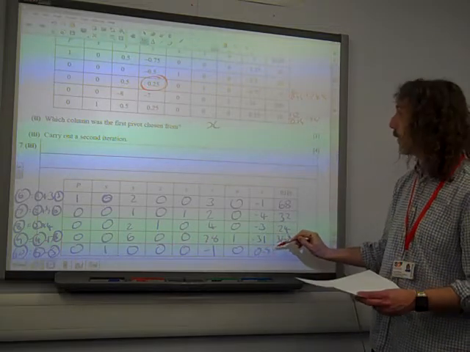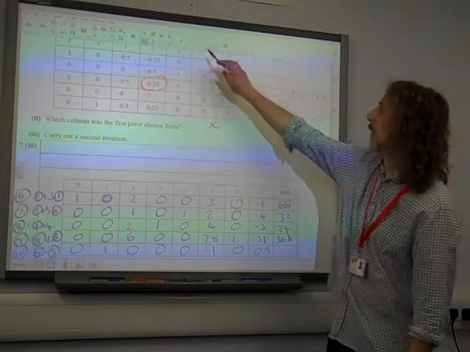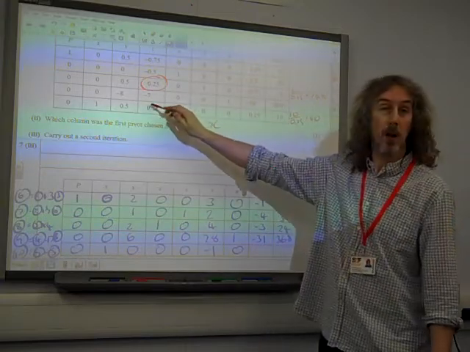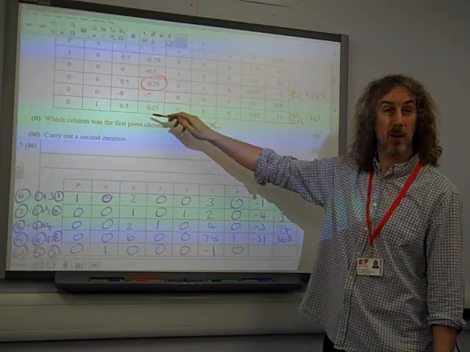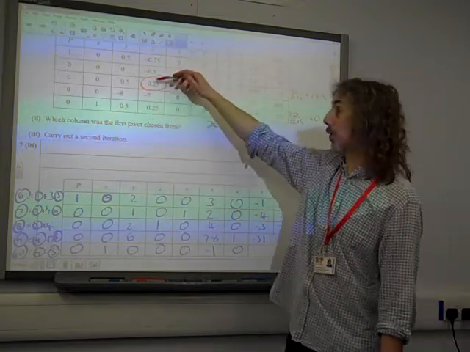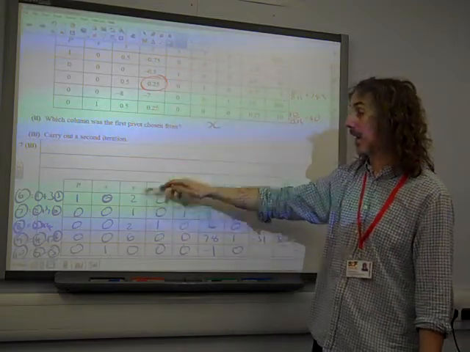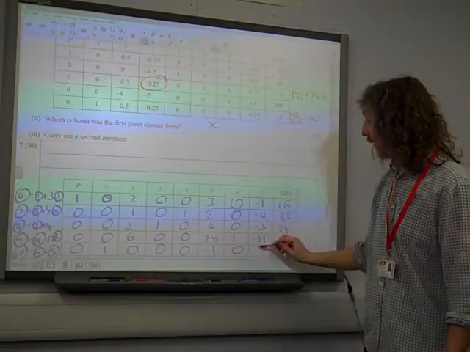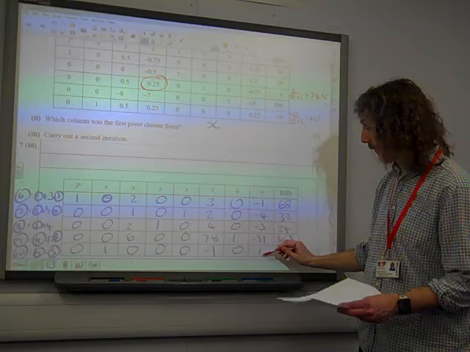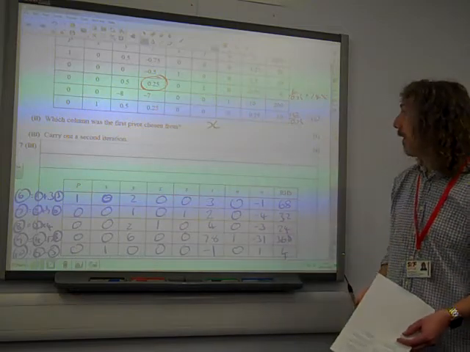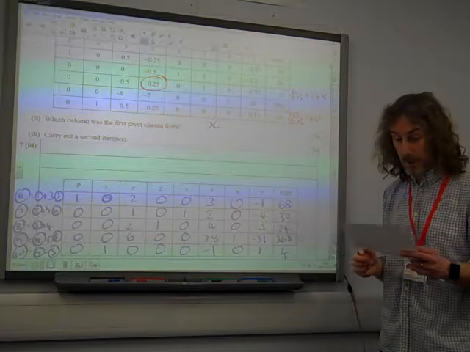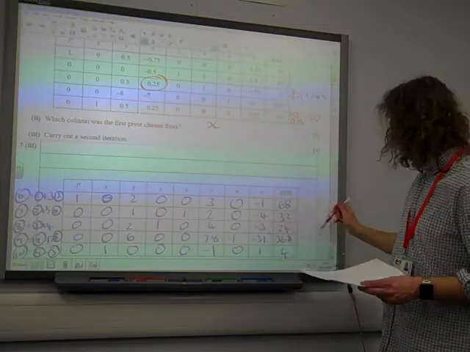Oh, it's not just that. Because it was a quarter, I need to take away the quarter. So instead of using a quarter of row 8, I can just use the original row and that would work. That gave us a 1, didn't it? And then we've got a 4 there, because that's 10, take away 6, which is 4. Brilliant, so that's that. And you've got 4 marks for doing that.